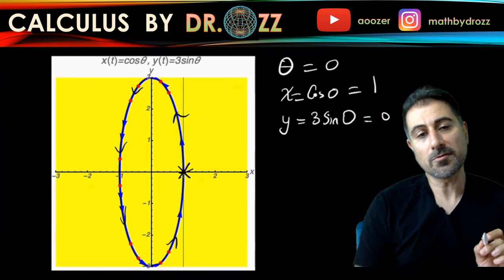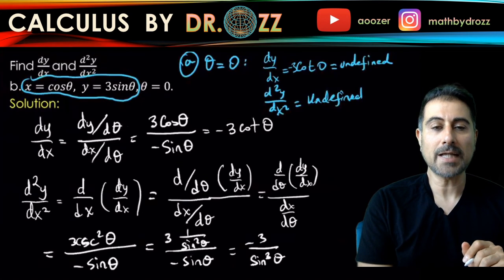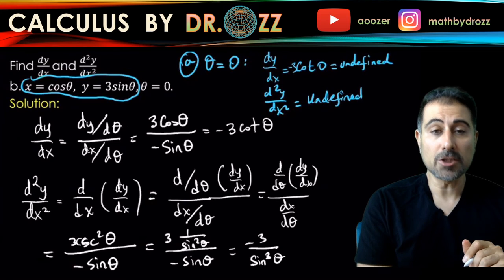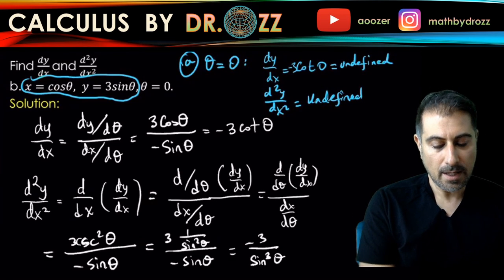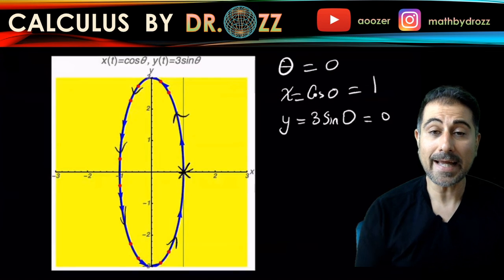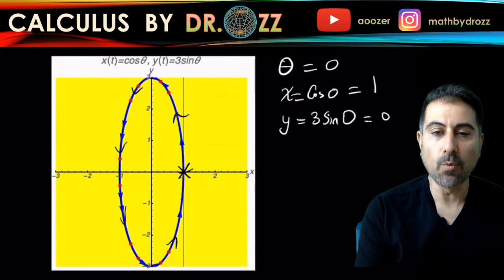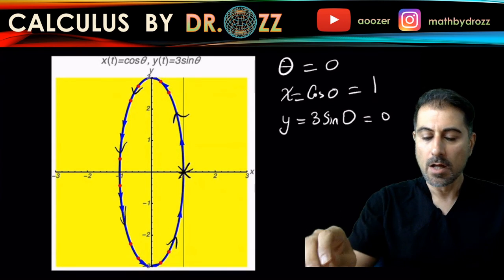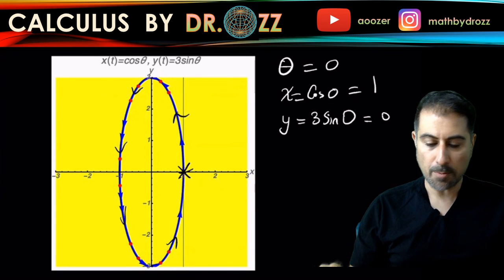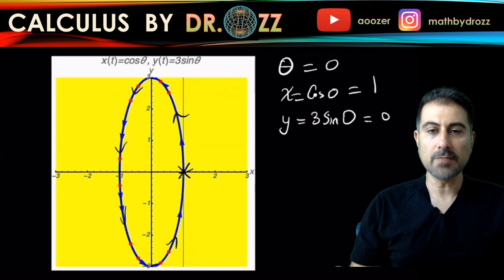And you remember from Calc 1 that undefined slopes happen when you have a vertical tangent line, and that's exactly what is going on in this problem at the point (1, 0). All right, so this takes care of part B, and we're done with the whole question.